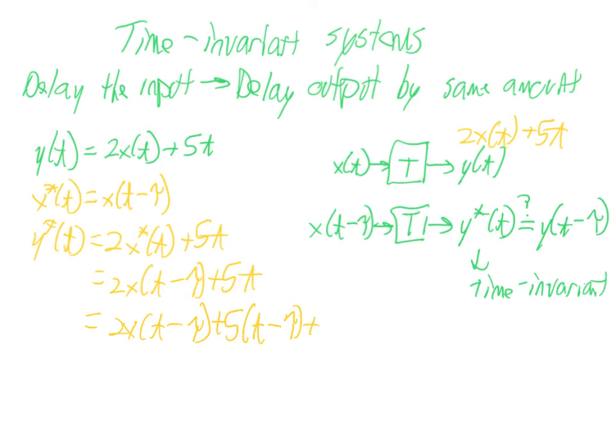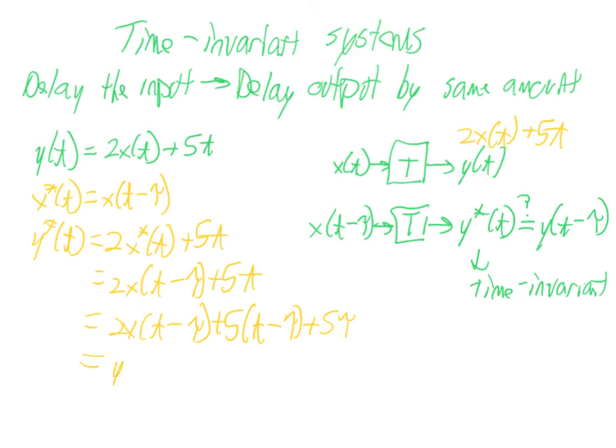But in order to make this equal, I have to make the equation balance out. So since I'm subtracting a 5 tau, I'd have to add a 5 tau.